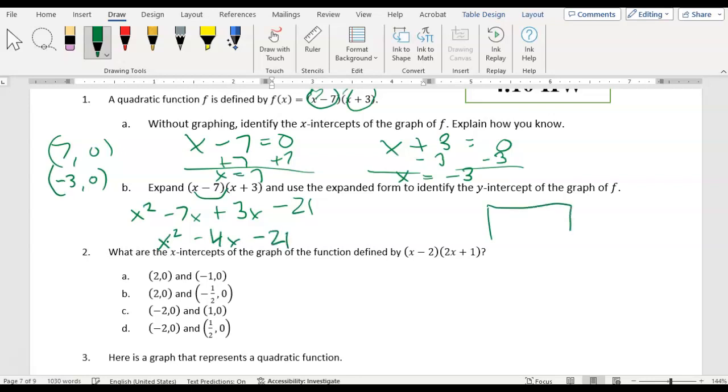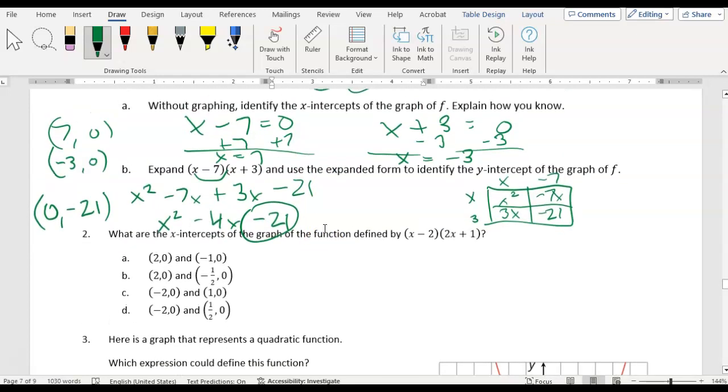Or if you need help visually seeing this as x minus 7, remember to keep that sign with it. We've got x squared, negative 7x, positive 3x, and negative 21. We end up with the same answer. So this means then that our y-intercept is negative 21. So 0 comma negative 21 is where our y-intercept is.